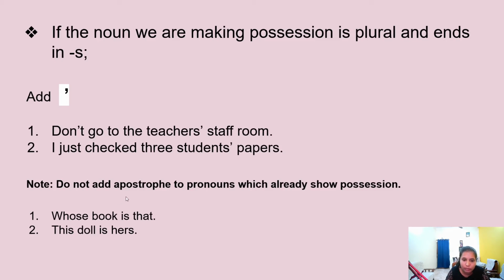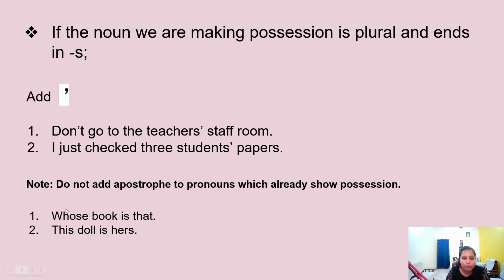When we use pronouns to show belonging, they are generally his, hers, ours, theirs, its. So these are pronouns. We do not use an apostrophe at the end of pronouns to show possession, because the pronoun itself is showing the possession.